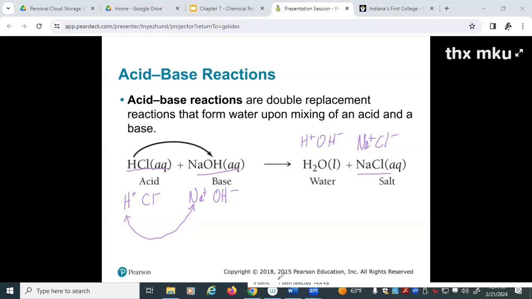Water is going to be one of the products because the hydrogen from the acid and the hydroxide from the base are basically going to neutralize each other, cancel each other out, and the net result of that is water. And then the other product is just what's left over from the acid and the base. In this case, it was chloride from the acid, sodium ion from the base. Put those two together, it's sodium chloride. It's always going to be a salt. Remember, salts are just ionic compounds. So any ionic compound fits this particular category and description.